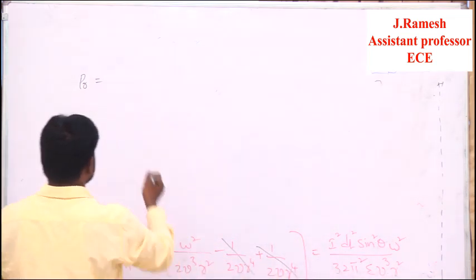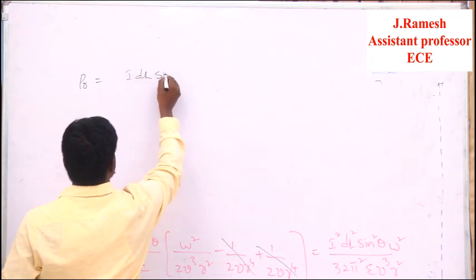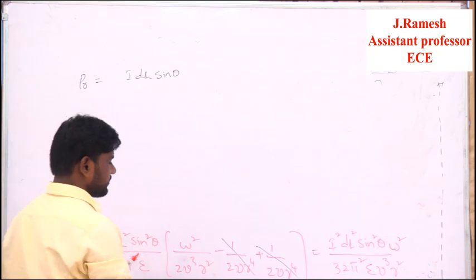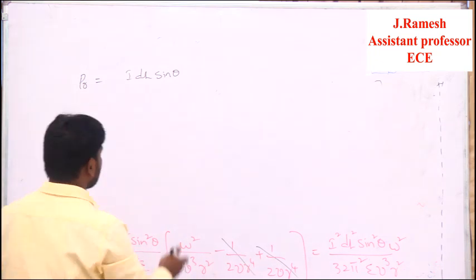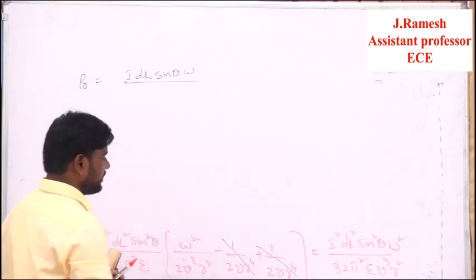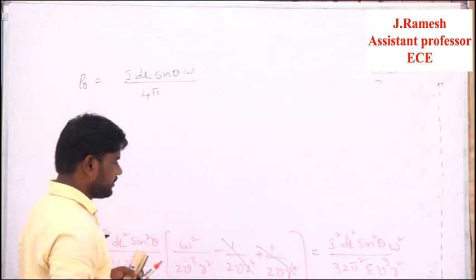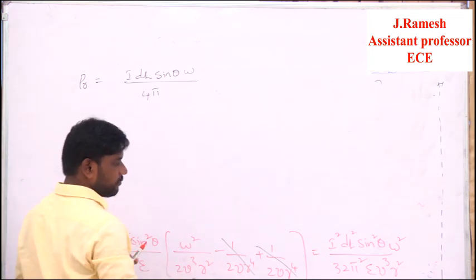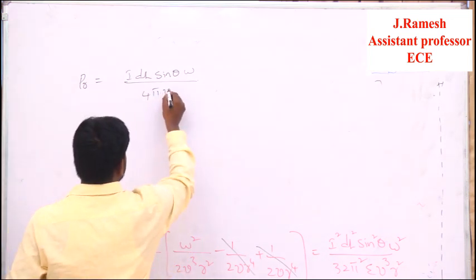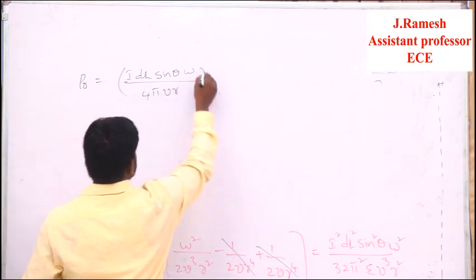For simplicity I am going to write I dl sin theta, I square dl square sin square theta, into omega by, here I am going to take 4 pi only, epsilon is also a single term, so v I can include and r I can include. So simply I am putting this as a whole square.